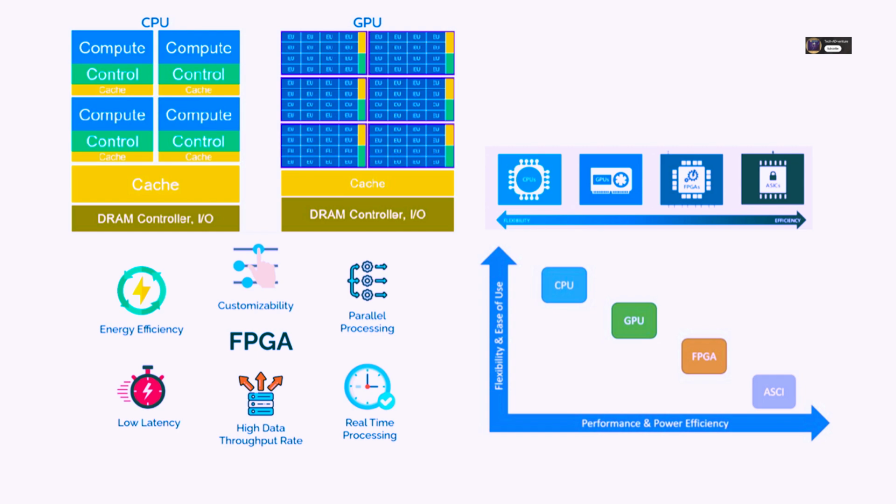Wow, that really crystallizes it. So the choice between CPU, GPU, FPGA, and ASIC, it's never arbitrary, is it? It's always a very precise engineering calculation. You're balancing performance needs against the upfront cost, the power budget, the physical size, and that crucial need for flexibility versus optimization, all dictated by the specific demands of that embedded system.